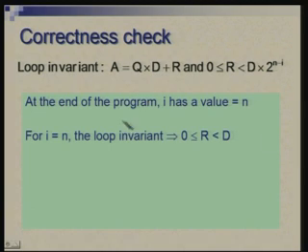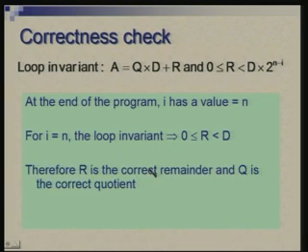So, this is a single equation with two unknowns, and there are multiple q r combinations which can satisfy it. We want the one where r is within 0 and d. The remainder should be less than the divisor, and it should be non-negative. With i equal to n, this condition will be ensured. So, at the end of the program, if we are ensuring this loop invariant, then we have the right quotient and remainder, and the remainder is within the range we expect it to be.